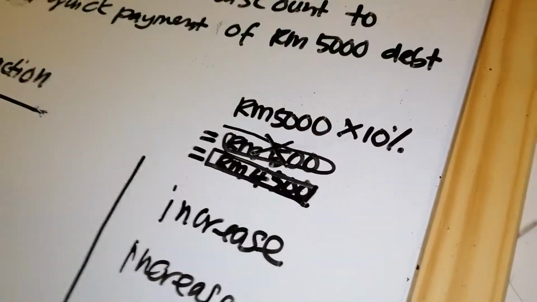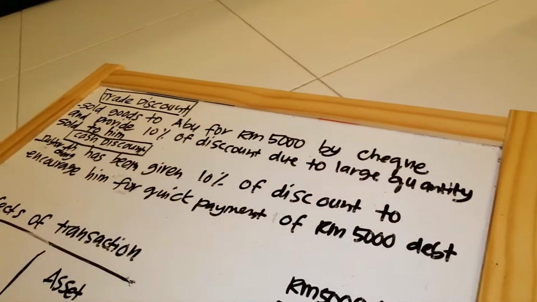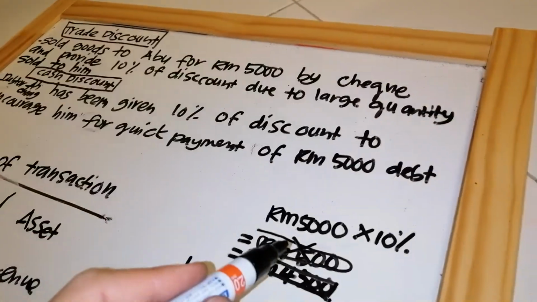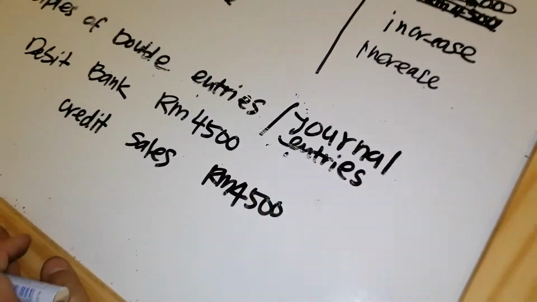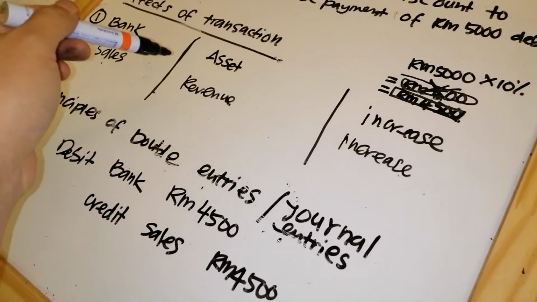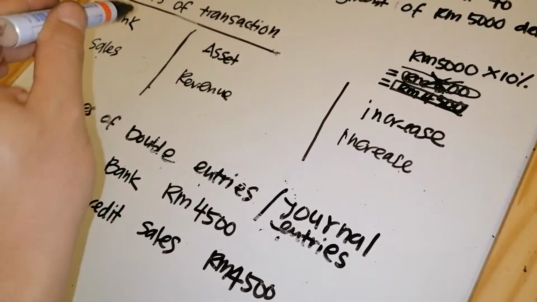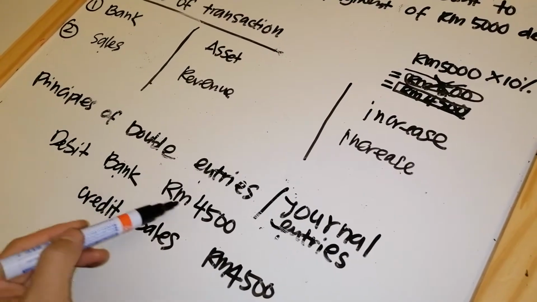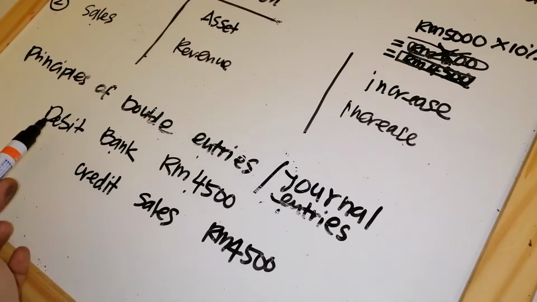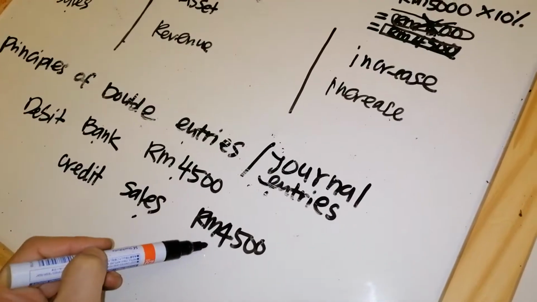So the question now is, this 500 trade discount, we need to record or not? So I told you many times, no need to record. So our effects are only for bank and sales: debit bank 4,500, and credit sales 4,500.